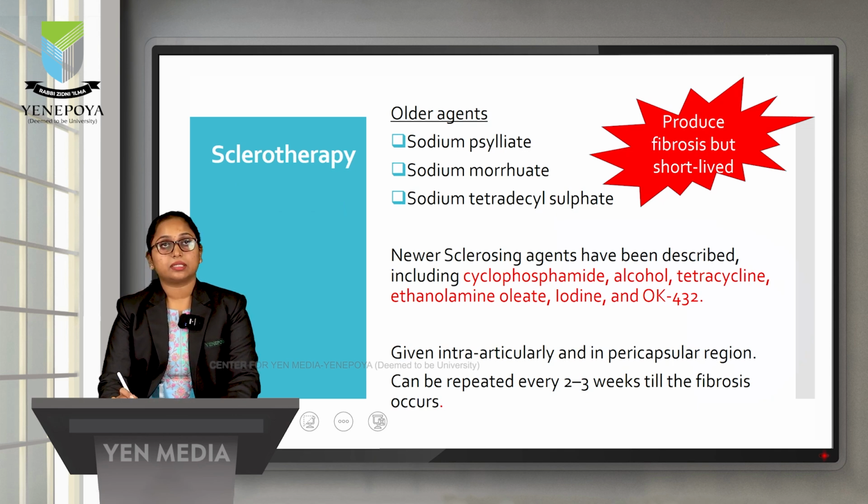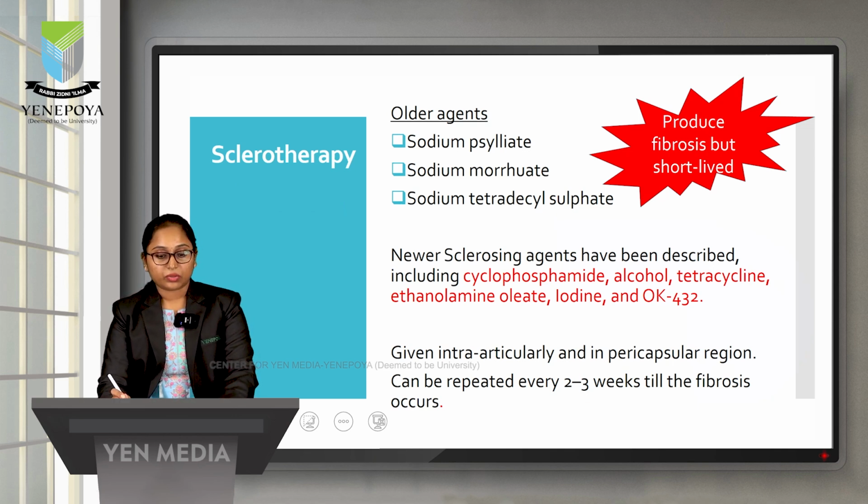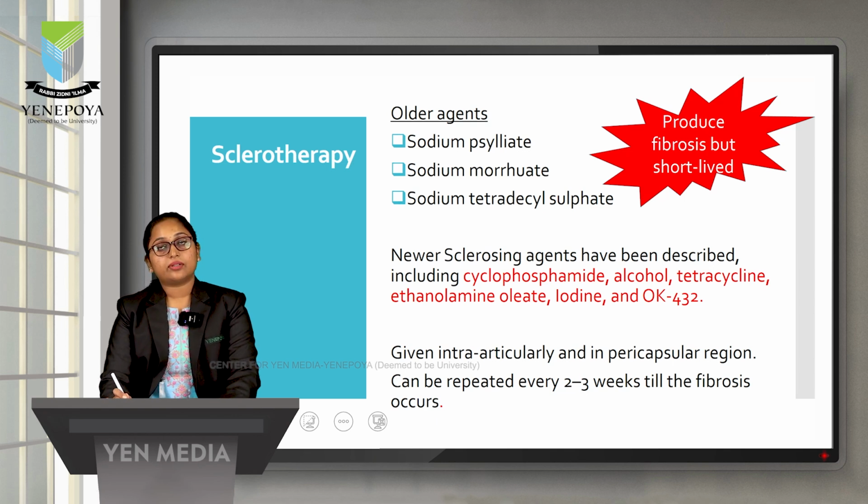Sclerotherapy is a technique in which certain sclerosing agents are injected in and around the pericapsular region. The older agents used are sodium psylliate, sodium morrhuate, and sodium tetradecyl sulfate. Recently cyclophosphamide, alcohol, tetracycline, ethanolamine oleate, iodine, and OK-432 are also used.